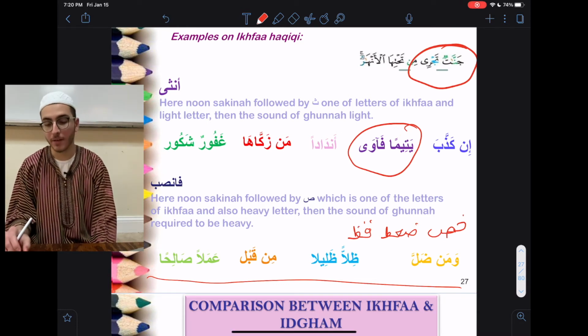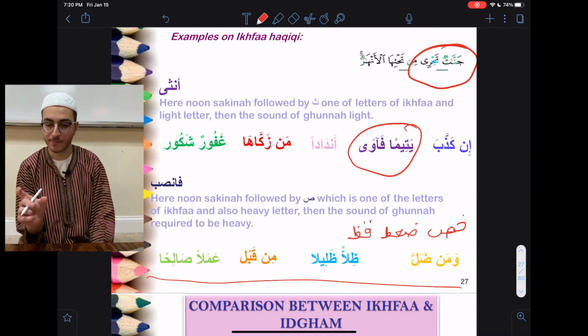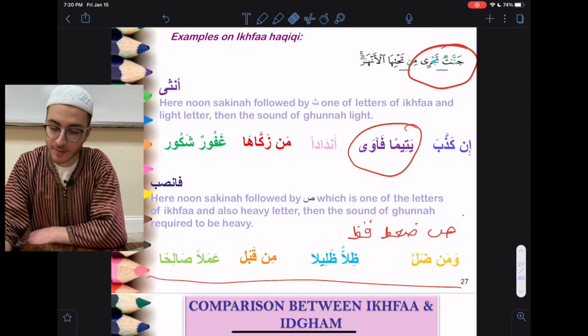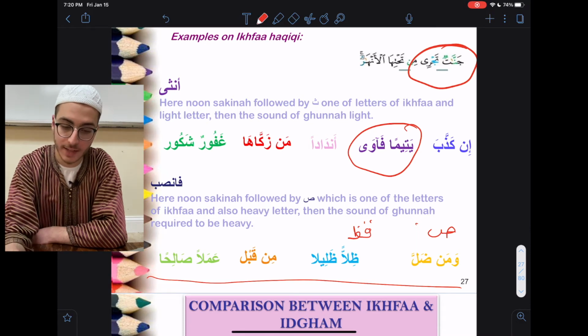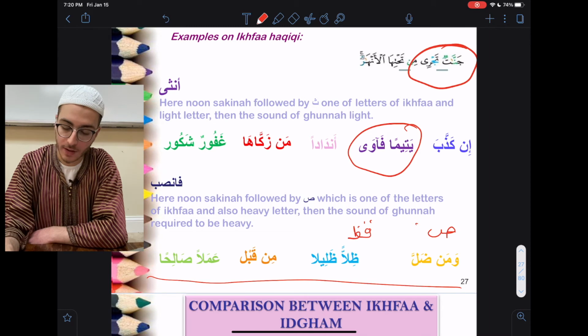Khussa, ضغط, قذ. Okay? So when you have one of those heavy letters, or sorry, kha is not a letter of ikhfa. Ayn is not a letter of ikhfa, because remember, these letters come out of the throat. So kha, just ignore that. Sad, ضغط, qidh.